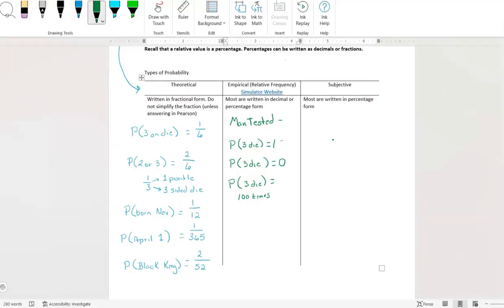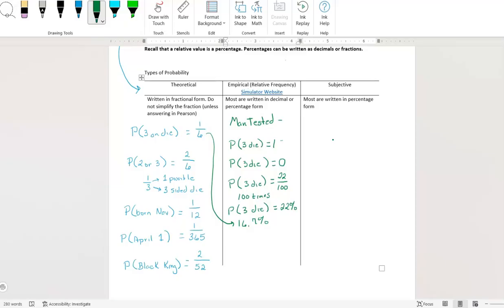So the probability of rolling that 3 on a die after 100 times is 22%, and the theoretical probability is 16.7%. So as we roll the die more and more times, we get closer and closer to that theoretical probability.